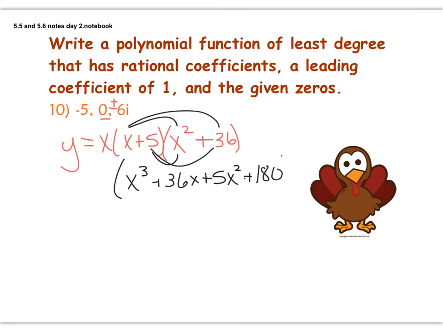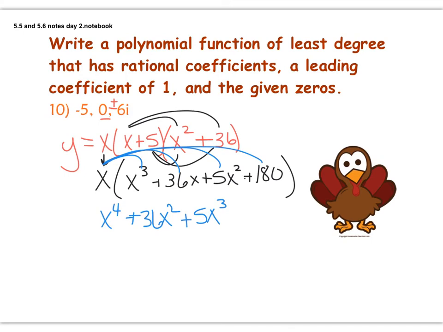And then we will bring down this one, and now we can multiply through here. So we're going to get x to the 4th plus 36x squared plus 5x to the 3rd plus 180x.